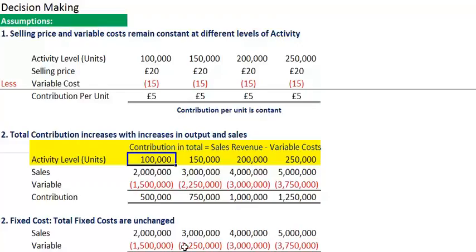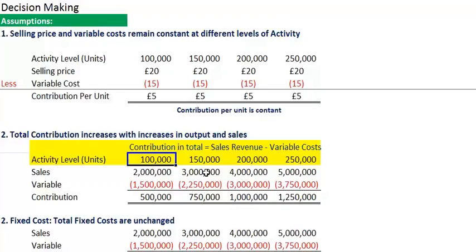As you can see, the total contribution between 150,000 units and 100,000 units differs by 250,000. It is because of the additional 50,000 units, and we know contribution per unit is 5 pounds per unit.